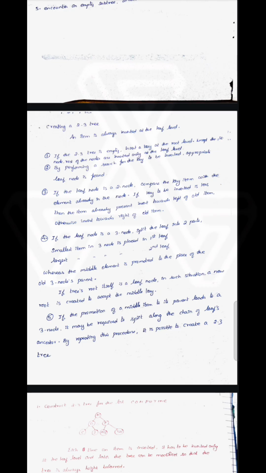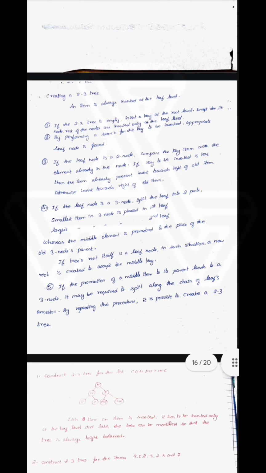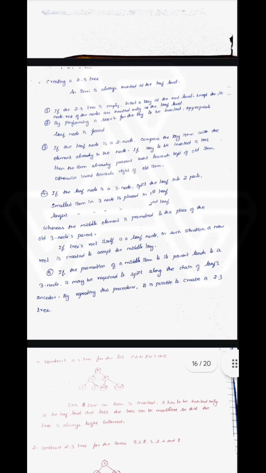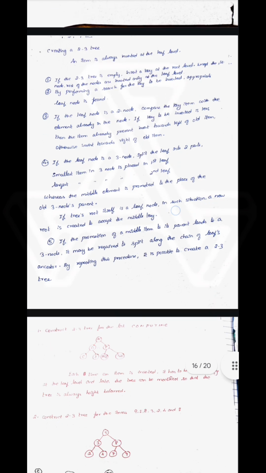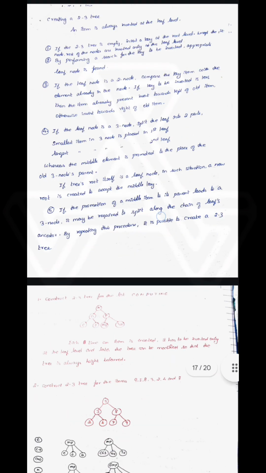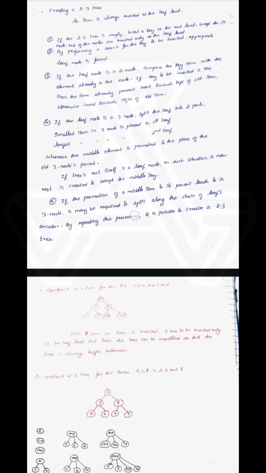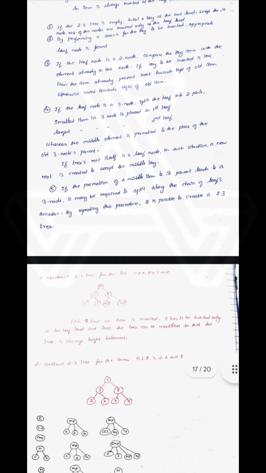If the key to be inserted is less than the item already present, insert it towards the left of the old item, otherwise insert it towards the right of the old item. If the leaf node is a 3 node, split the leaf into 2 parts. The smallest item in the 3 node is placed in the first leaf, the largest in the second leaf, whereas the middle element is promoted to the place of the old 3 node. If the tree's root itself is a leaf node, a new root is created to accept the middle.